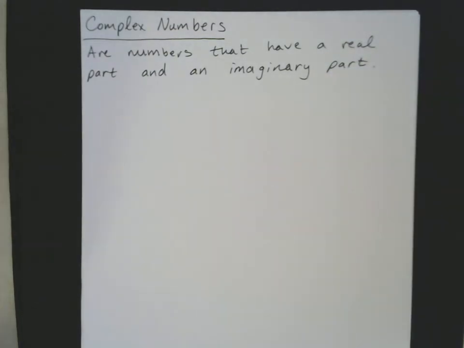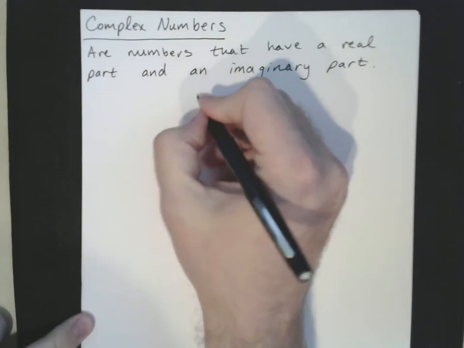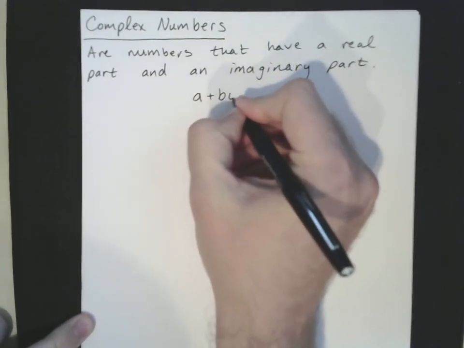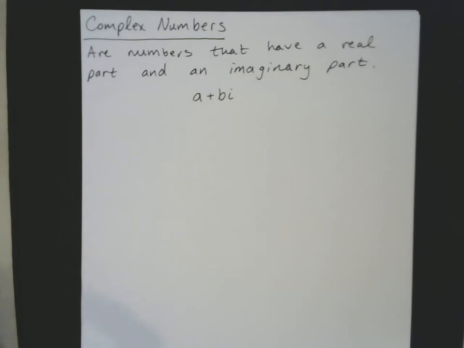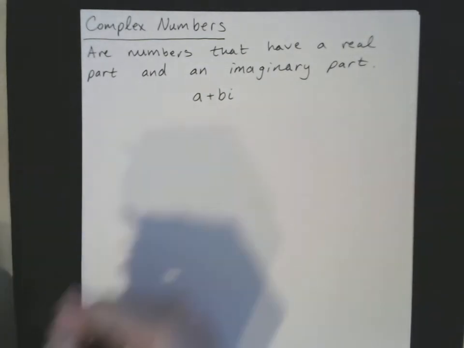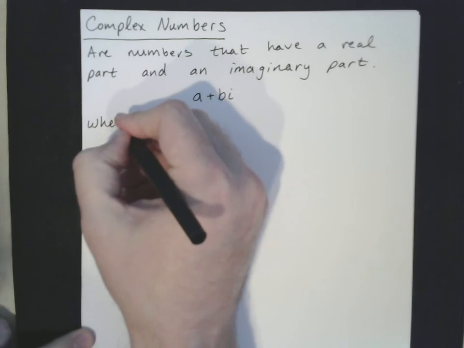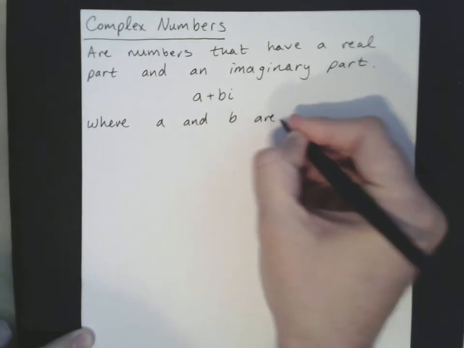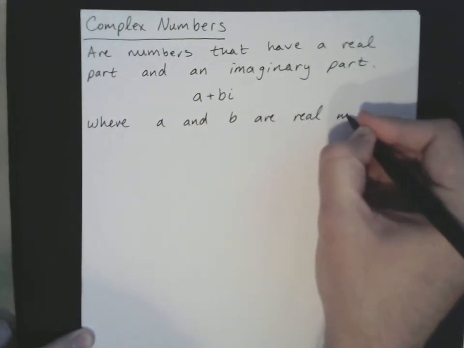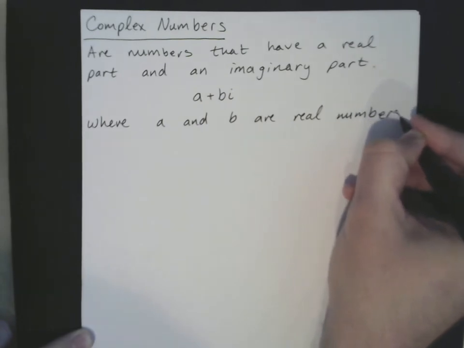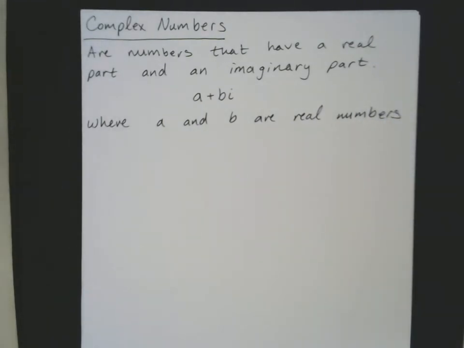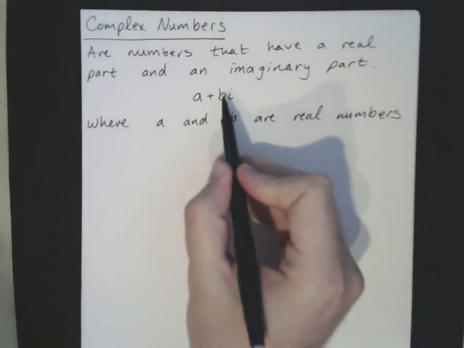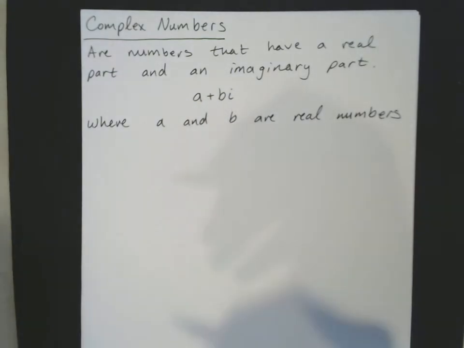They're complex. They have two different types of parts. And the way that we see these most often is a plus bi. So a and b are real numbers: fractions, decimals, whole numbers, whatever we want. And then what makes this complex is that imaginary i. So we can have imaginary numbers that are multiplied by real numbers. Those are still considered imaginary numbers.